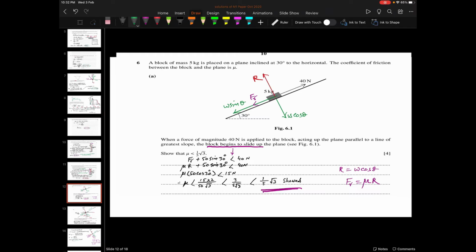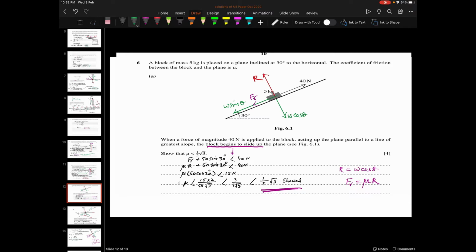When a force of magnitude 40 Newton is applied to the block acting up the plane parallel to a line of greatest slope, the block begins to slide up the plane as shown in the figure. Show that mu is less than 1 upon 5 times the root 3.